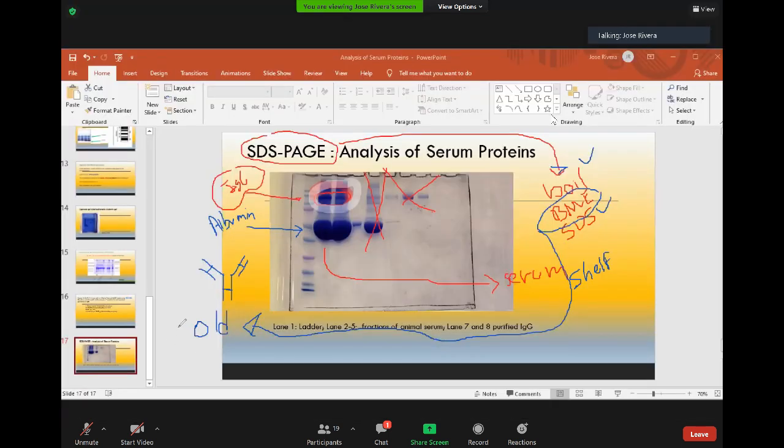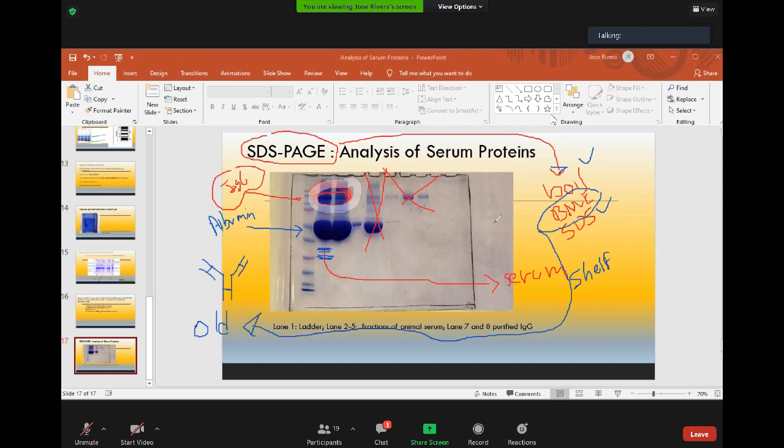I know this from being in the protein lab for many years, and I will bet that this is what happened. The BME just didn't work. And so you didn't get the smaller bands of IgG here. You were supposed to have the light chain and the heavy chains before the albumin. But everything else here is fine.